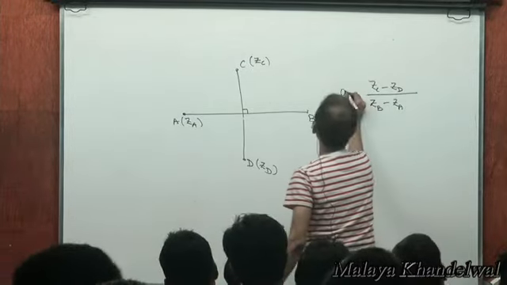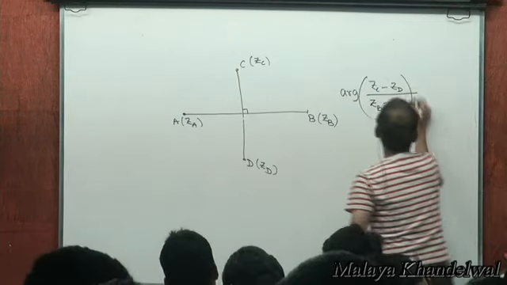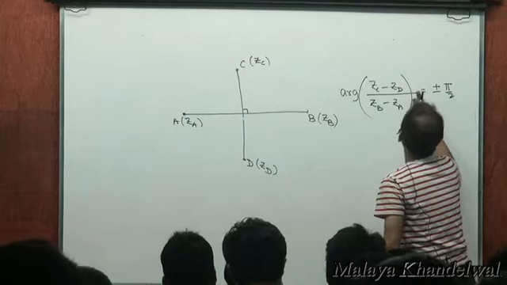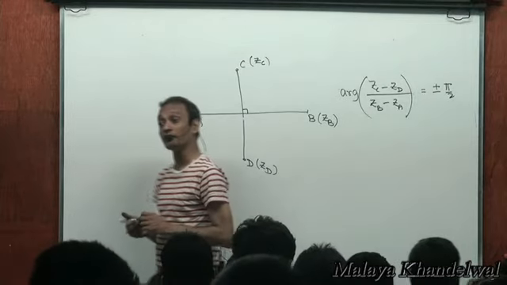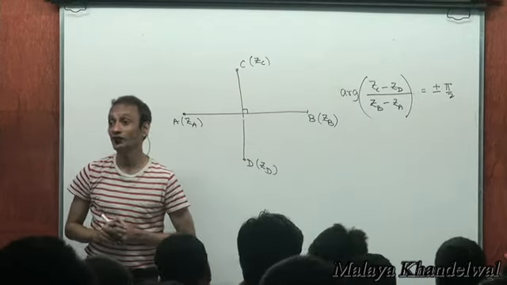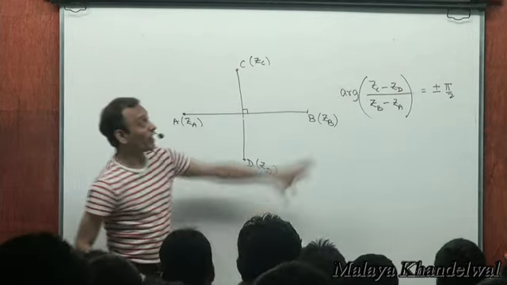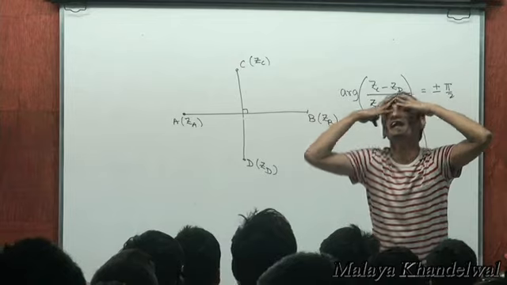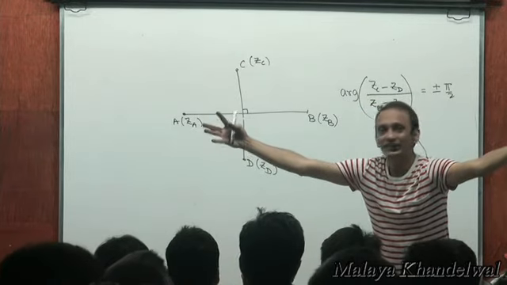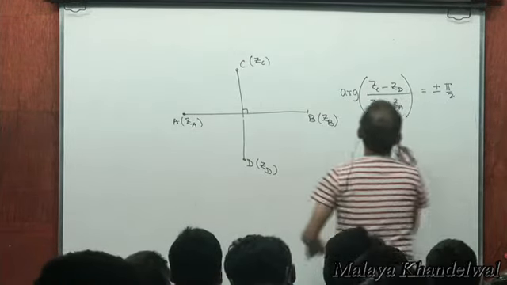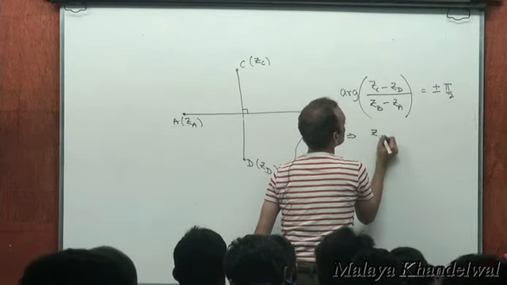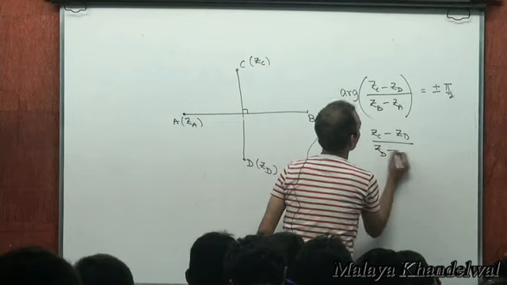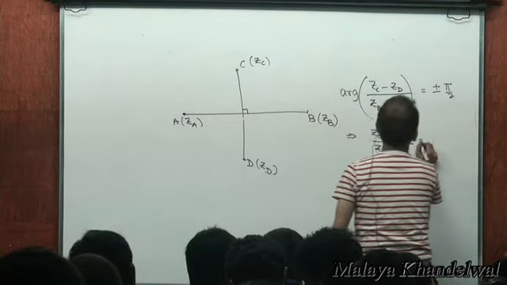That means the argument of this would be either plus pi by 2 or minus pi by 2 if they are perpendicular lines. Now if the argument of a complex number is plus or minus pi by 2, the complex number must be purely imaginary. Yes or no? So this would mean that ZC minus ZD divided by ZB minus ZA must be purely imaginary.